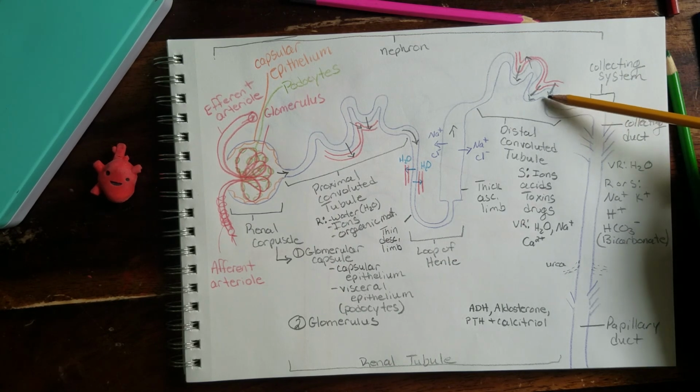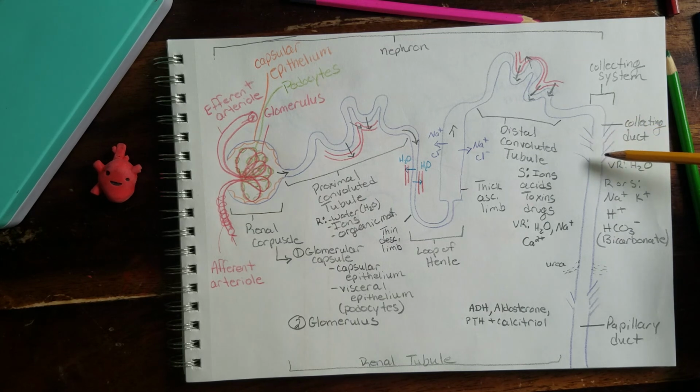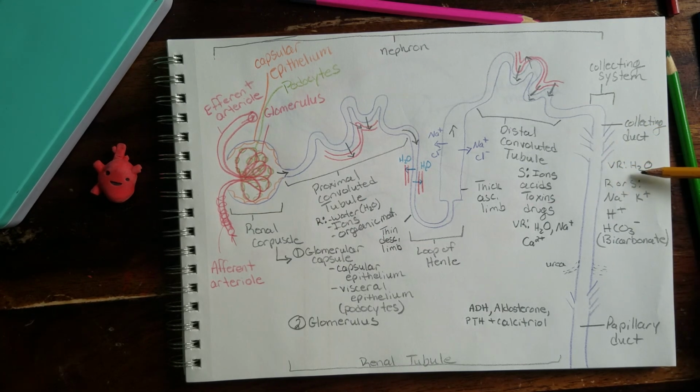It will travel from the distal convoluted tubule into the collecting duct, where hormones like antidiuretic hormone and aldosterone are going to play a role here and affect how much water or sodium is reabsorbed. And then your pH is going to have an effect on how much hydrogen or bicarbonate you keep. Remember, if you are acidic, you will secrete the hydrogen and reabsorb the bicarbonate. But if you are alkaline, you will secrete the bicarbonate and reabsorb the hydrogen.